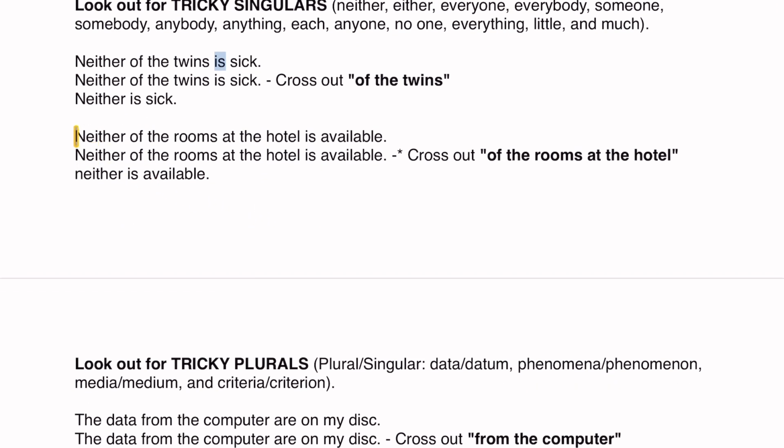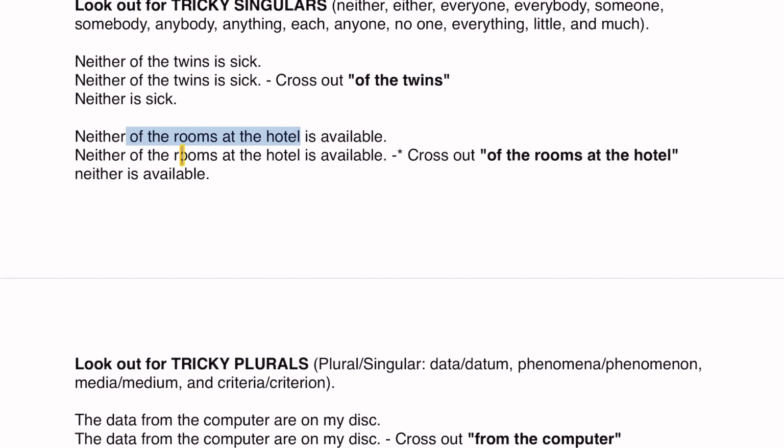تمام. تعال خد مثال تاني. Neither of the rooms at the hotel is available. أنا نفسي وأنا بقول الجملة بسرعة بحس إن is دي بايخة قوي، بتعمل إيه هنا؟ Neither of the rooms at the hotel. طب لازم are هنا يا مستر؟ No. تعالى تاني نشوف فين ال prepositional phrase. Neither of the rooms. قلنا أي جملة بتبدأ بـ preposition وبتنتهي قبل ال verb، هي دي prepositional phrase.